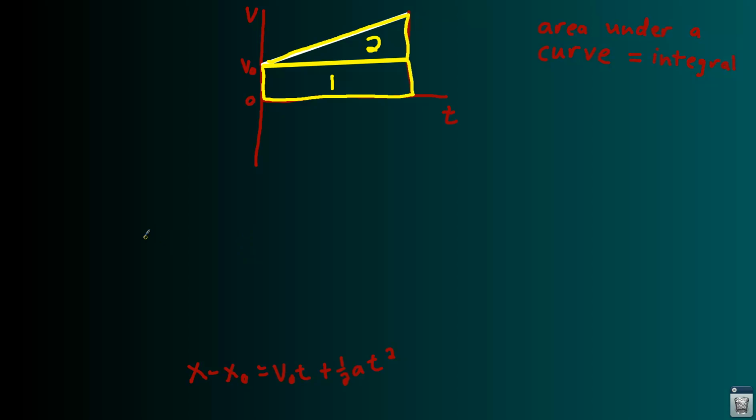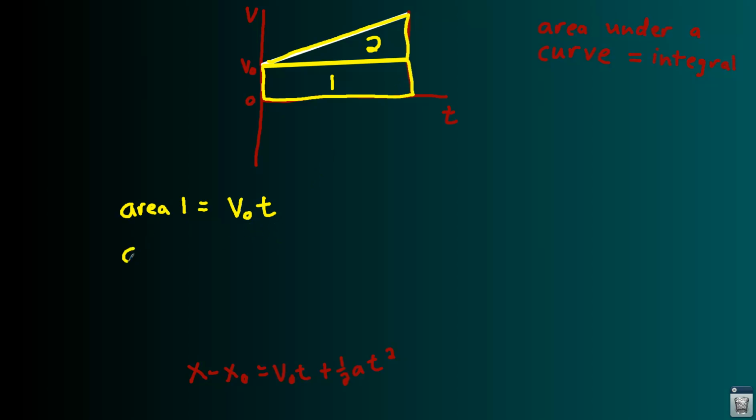So area 1 is going to be v naught times the width. How long is this segment? It's t, going from 0 to t. So the area of this piece is v naught t.